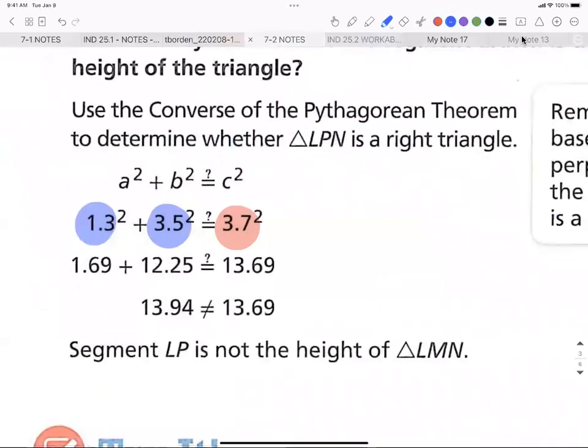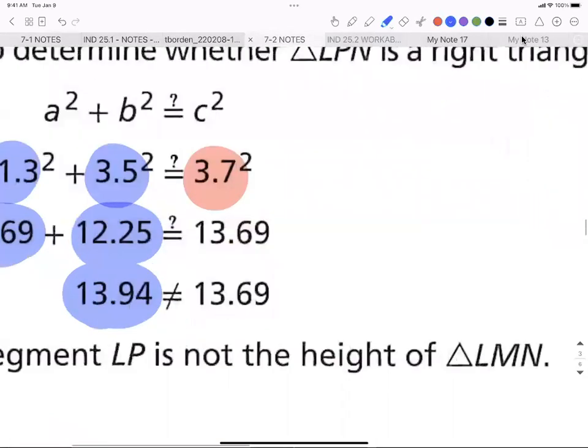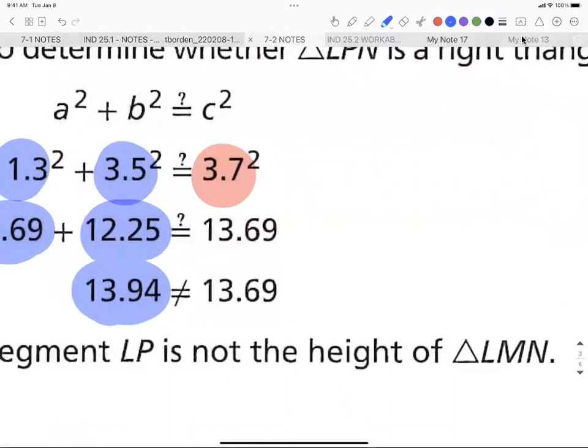In your calculator, 1.3 times 1.3, and write it exactly as you see it. Don't round it. 3.5 times 3.5, write it exactly as you see it. Don't round it. Add those two together, and then you're going to see whether or not it is a right triangle. And this one is not a right triangle because 13.94 doesn't equal 13.69.